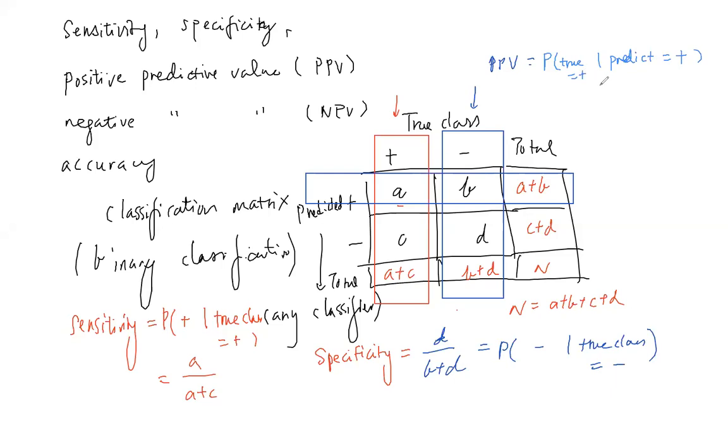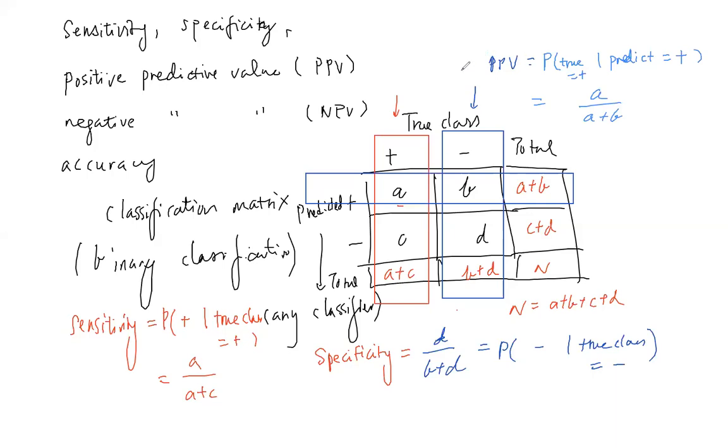This is actually quite interesting because you are reversing the conditioning event, right? So you will get A over A plus B.